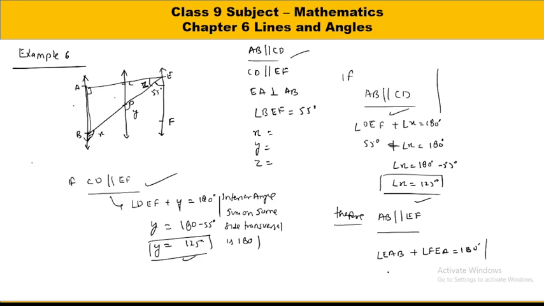Here angle EAB is 90 degrees, then angle FEA is angle Z plus 55 degrees, equal to 180 degrees. Then angle Z is 180 minus 90 plus 55, so it will be 35 degrees.